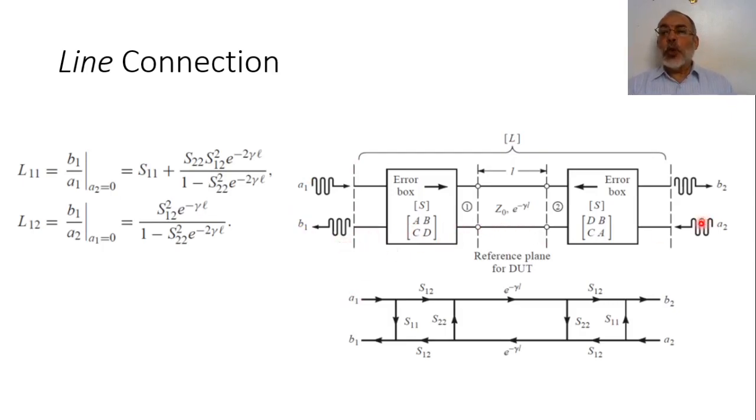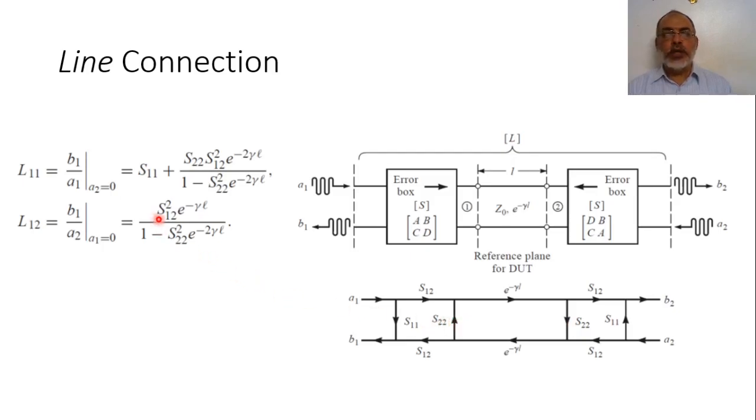The measured S21 in this case, which is L12, is B2 over A1. B2 over A1 is S21 multiplied by e to the power minus gamma L multiplied by S12. So S12 squared e to the power minus gamma L. But we have a self loop here, corresponding to e to the power minus 2 gamma L multiplied by S22 squared.